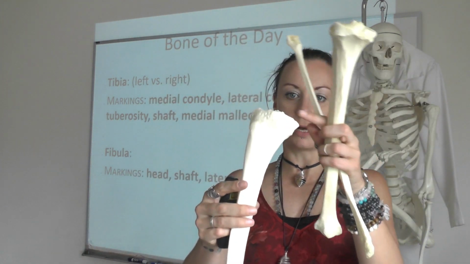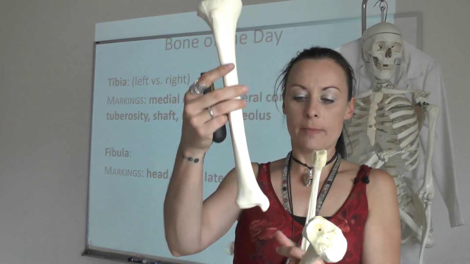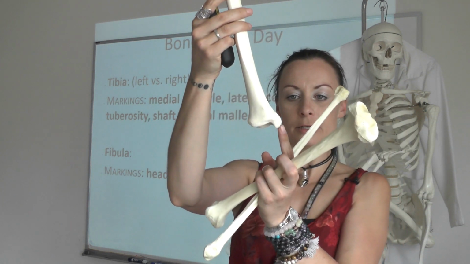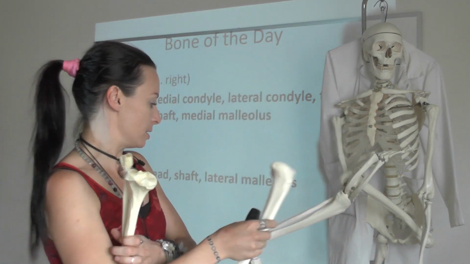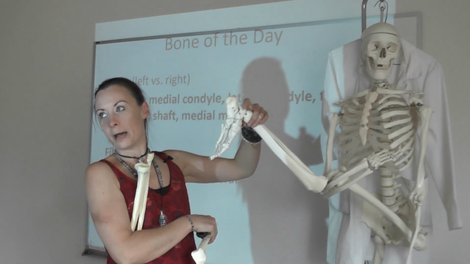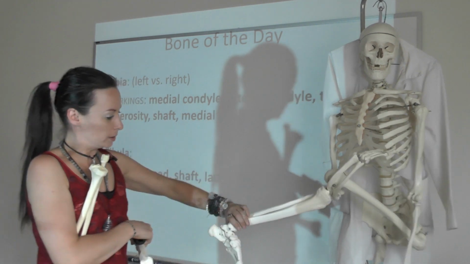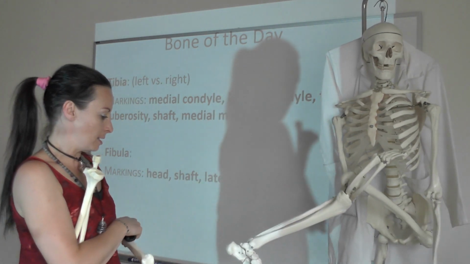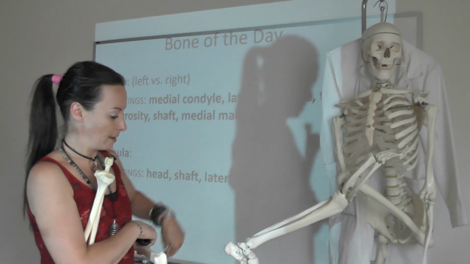Here are my medial and lateral condyles, my tibial tuberosity, my shaft, and this enlarged region that feels like your ankle bone. If people are getting ankle tattoos, that's where they're getting them, on the little malleoli of the tibia and fibula.